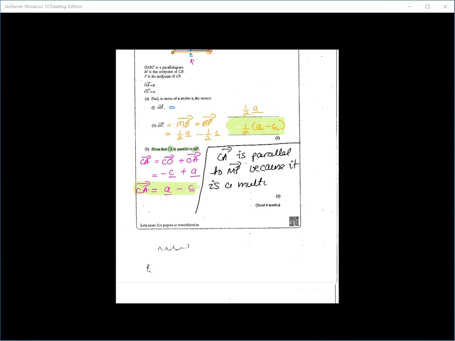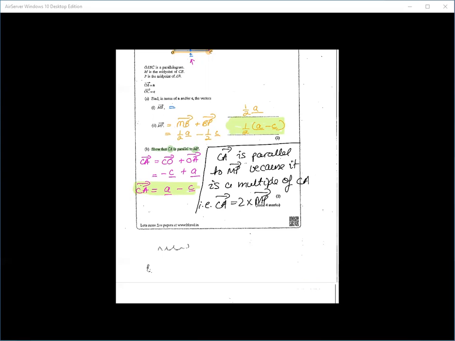Oh, the first thing you said was right. I.e. C to A equals double of M to P, because M to P is half of the vector and C to A is the full vector A minus C. So basically C to A is double of it.